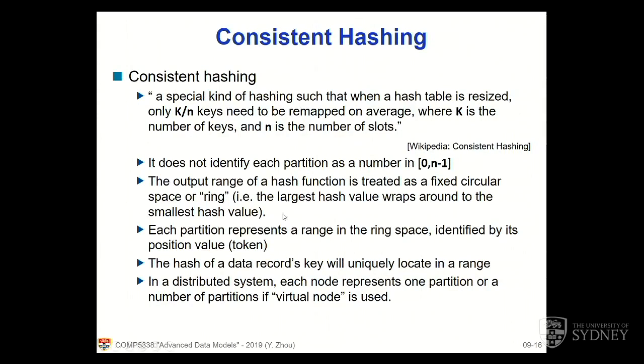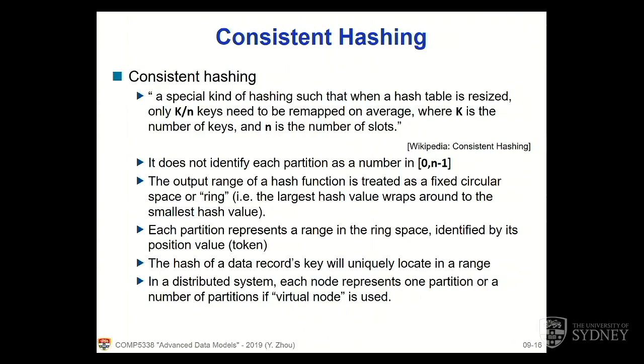And it doesn't really identify each partition as a number in 0 to n minus 1. That's actually the top cause for such a great amount of data movement during repartition. So we get rid of this mechanism. We don't identify partitions as a number in 0 to n minus 1 if there are n partitions. Instead, we need to know something beforehand. That thing is the output range of the hash function.